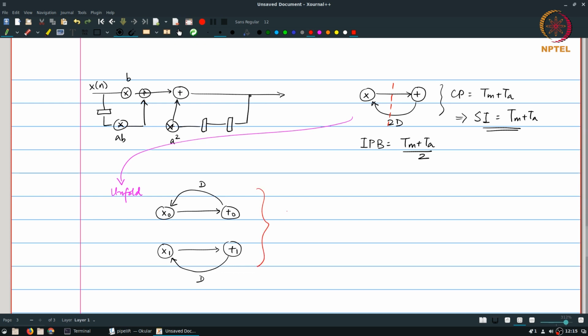each of which, when I combine the entire system together, I find that the iteration period bound is equal to Tm + Ta, which means that now the sample interval that I can get on average is equal to (Tm + Ta) divided by 2, which is the parallel factor.